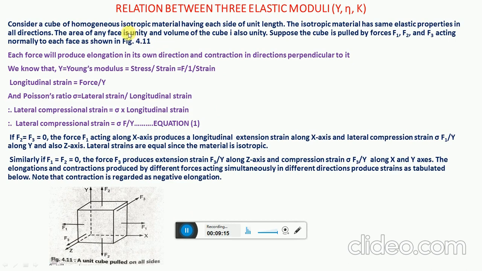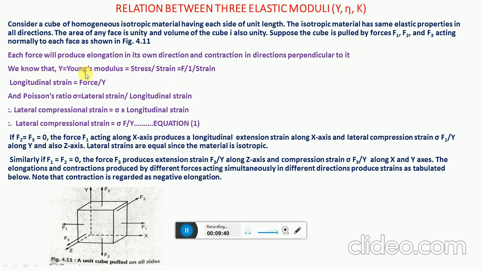This cube is homogeneous isotropic, meaning it has the same properties in all directions, and we consider that each force will produce elongation in its own direction, and contraction in the perpendicular directions.